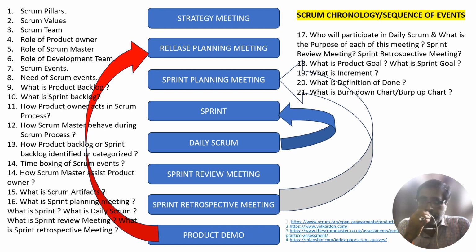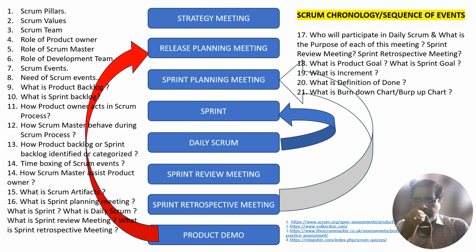The sprint goal, right? The sprint goal, the product backlog items selected for the sprint, plus the plan for delivering them are together called a sprint backlog. So what is a sprint backlog? Sprint backlog is a combination of sprint goal, second thing, product backlog items selected for the sprint, third one, plan for delivering, all together referred to as sprint backlog.